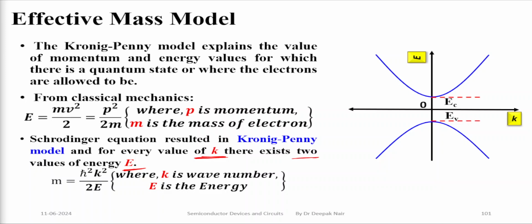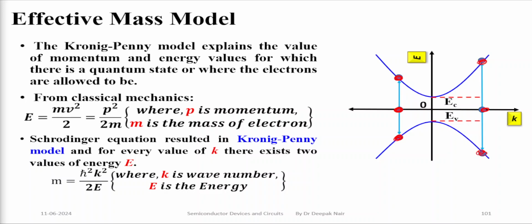And we found in Schrodinger's equation that E is given by h bar square k square upon 2m, where k is the wave number and E is the energy of the electron or the fermions, or we can say the particles which follow Schrodinger's equation. So for every value of k, you can see there exist two values of E.